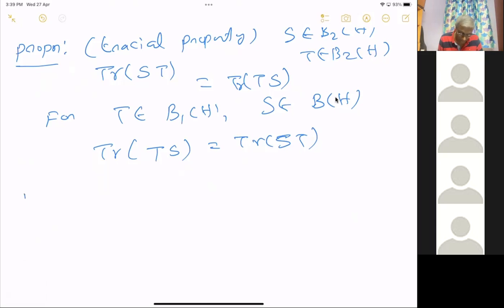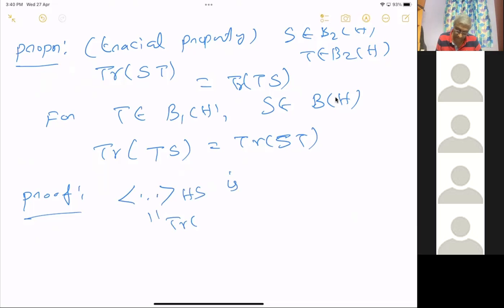Okay, so this is the property we want to prove. We want to prove trace of ST equal to trace of TS for Hilbert-Schmidt operators. So we know that this is an inner product. This is equal to trace of T star S. T star S, no?